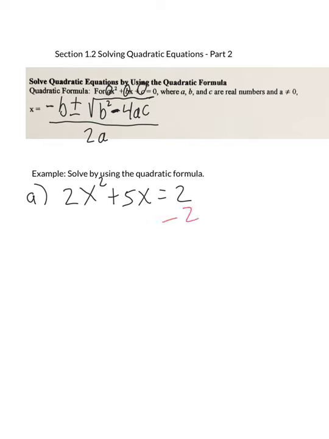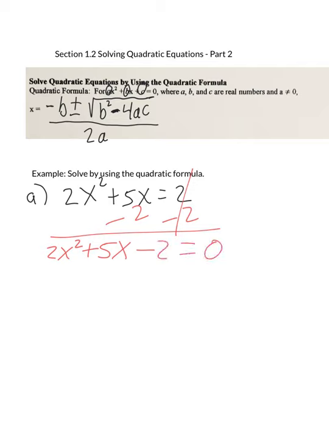So I'm going to subtract the 2, do the opposite operation to move it to the other side. Now when I rewrite the left side in descending order, that's the biggest exponent on x on down, I'm going to bring down the 2x squared first, then the plus 5x next, and then the minus 2 equals 0. So there's step 1, get the equation into standard form.